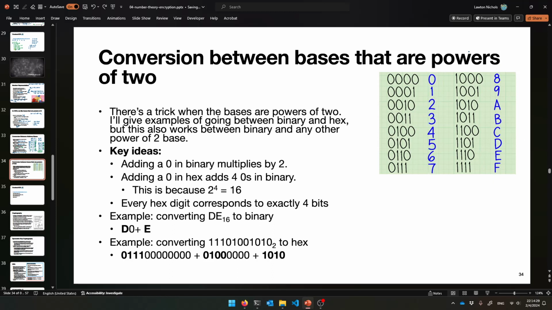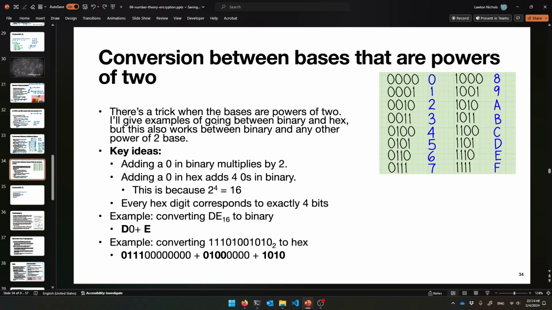Do you see how they correspond exactly to every possible 4-bit number, going from 0000 all the way to 1111? So there is a very clear correspondence between 4-bit numbers and hexadecimal digits. That's going to be the secret. That's how you can go between them very quickly.